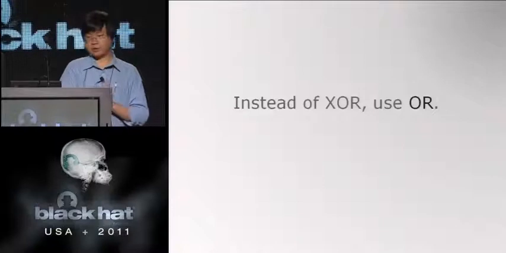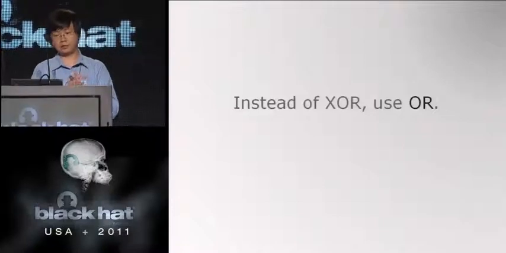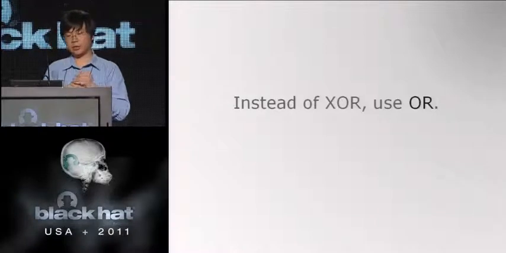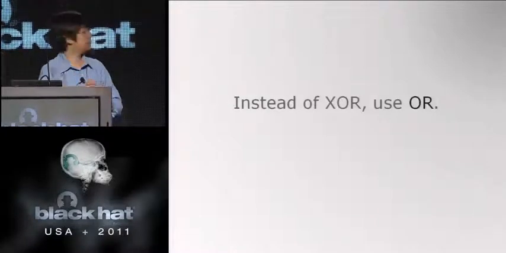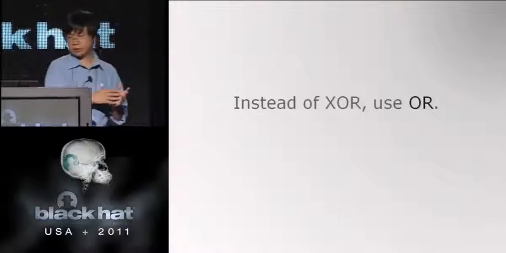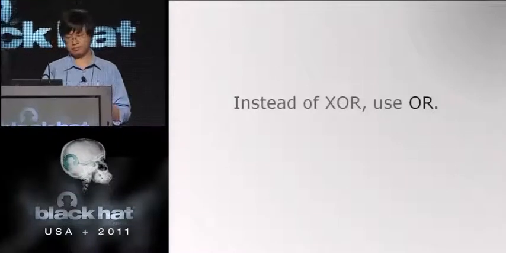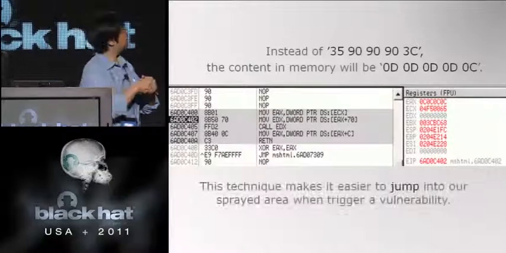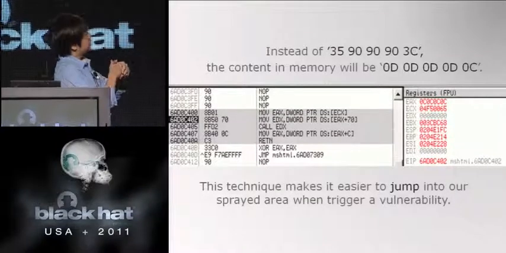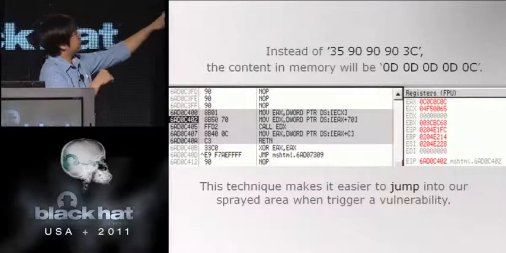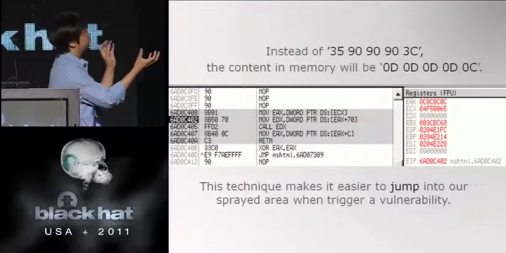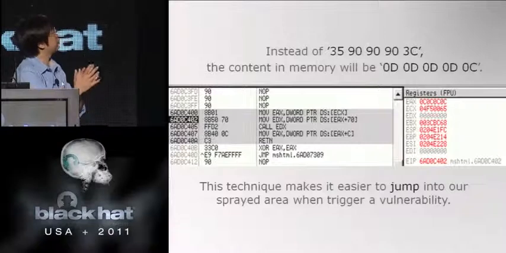We have another finding for the JIT spraying technique. Instead of the XOR spraying approach, we found that using OR would be better. The original way used the string 3590909003C to spray the memory.